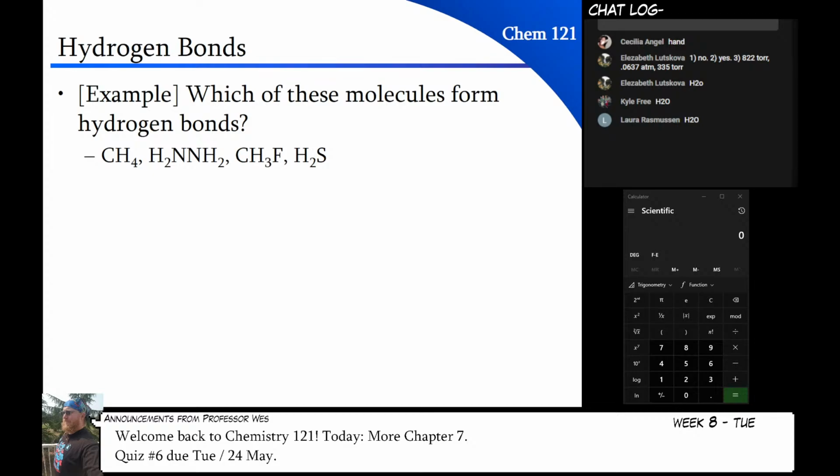All right, what I want you to do is look at these molecules, which is going to require you to draw the Lewis structure. Drawing the Lewis structure for each of these molecules, tell me which ones can form hydrogen bonds. Now, right away, you should be able to eliminate two of them, and then you don't even have to draw their structure. So that just leaves the last two.